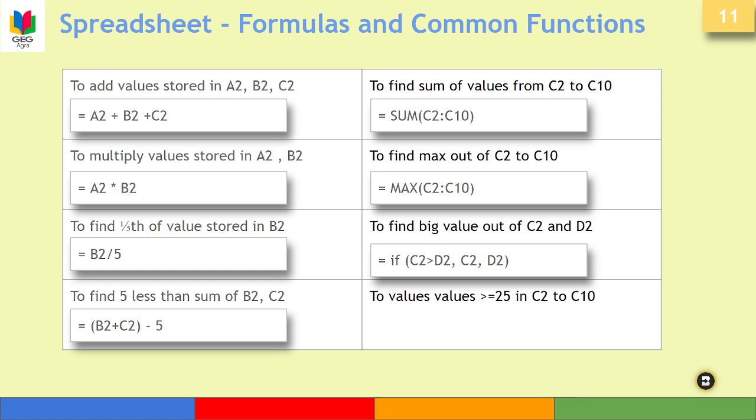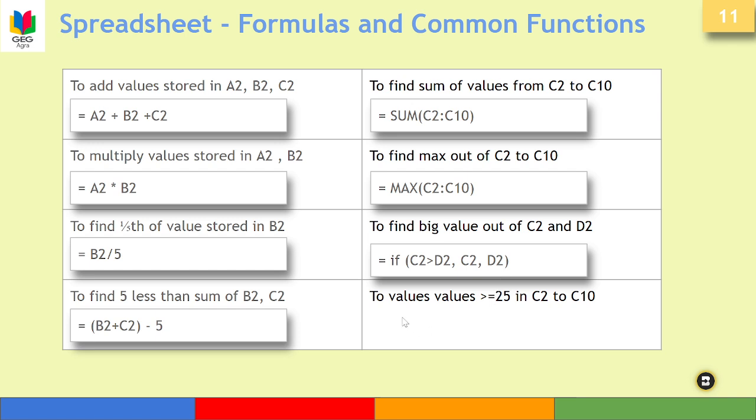So it can be evaluated as equal IF C2 is greater than D2, then C2; otherwise D2. If this condition is true, then C2 is taken into account, and if this condition is false, then D2 is taken into account.